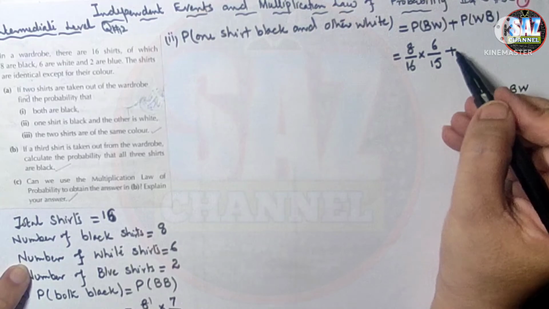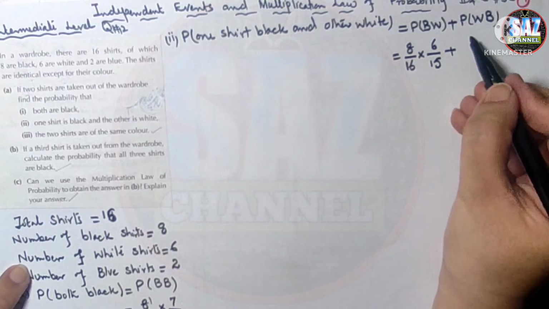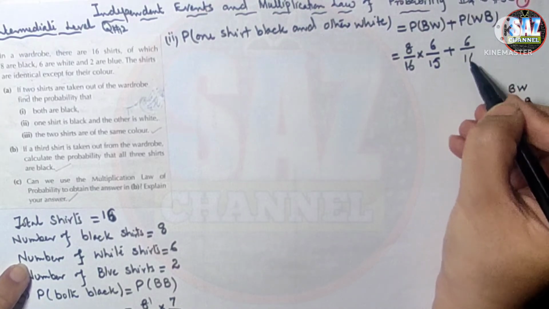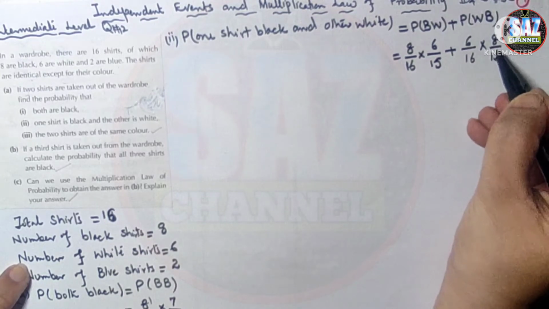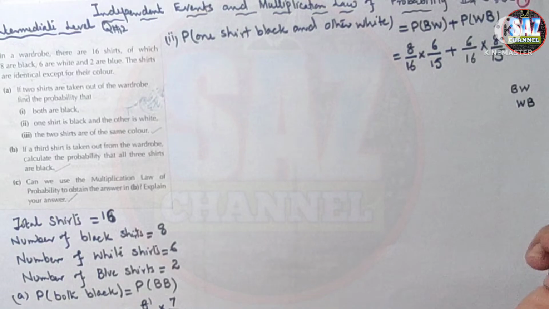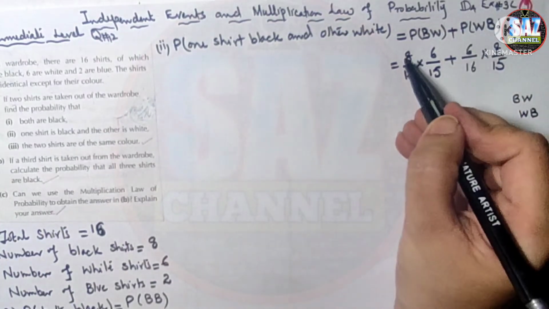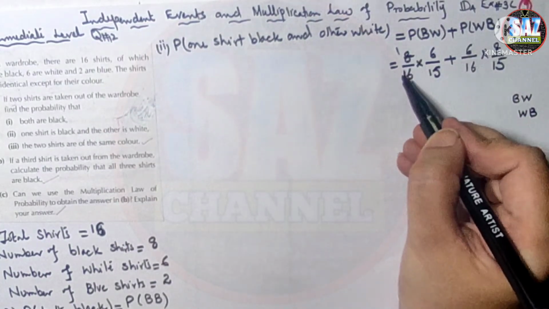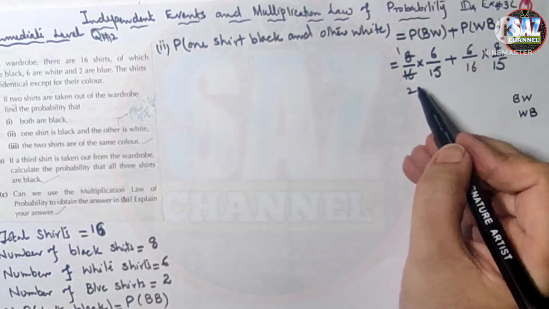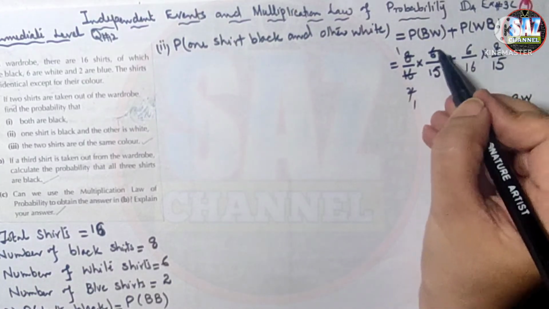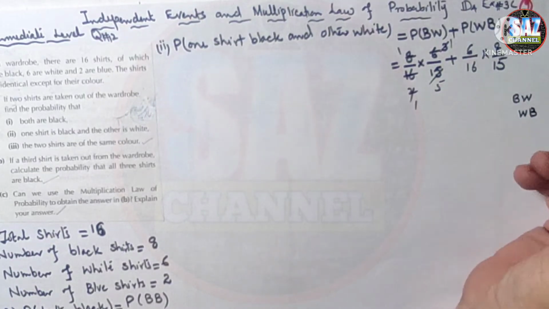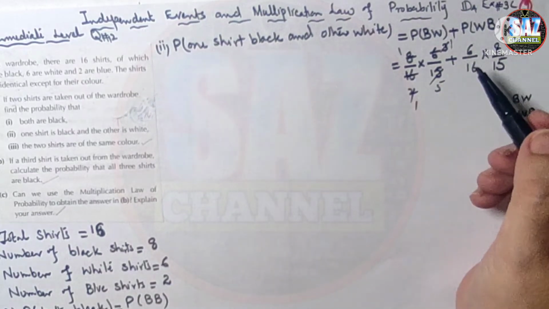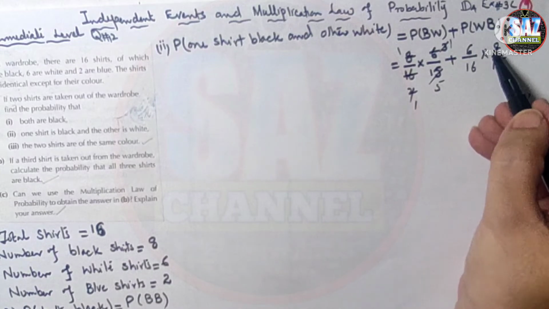Plus then white in the beginning, white 6 by 16 times 8 by 15. And now it's time for simplification. If we can, 8 ones are 8, 8 twos are 16, they are not large numbers. 2 ones are 2 and 2 threes are 6, and 3 ones are 3 and 3 fives are 15. The same I hope we will get for the other.